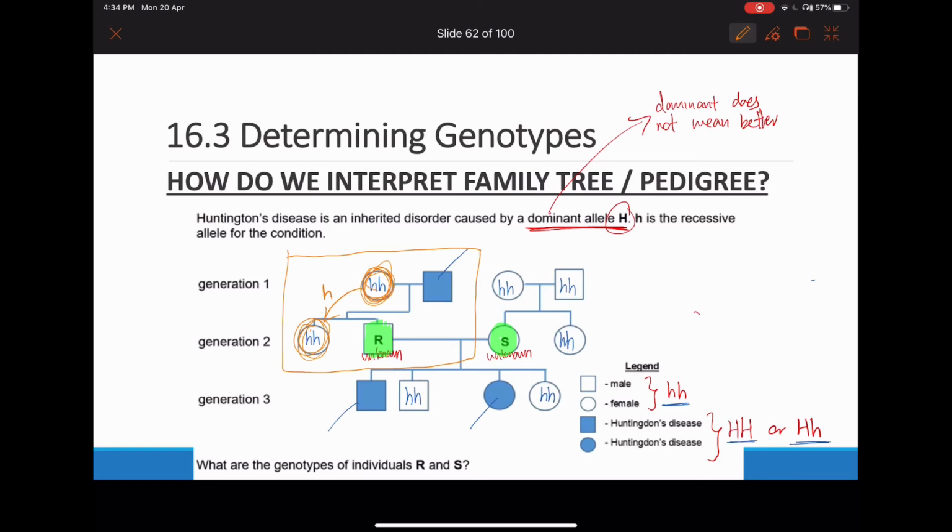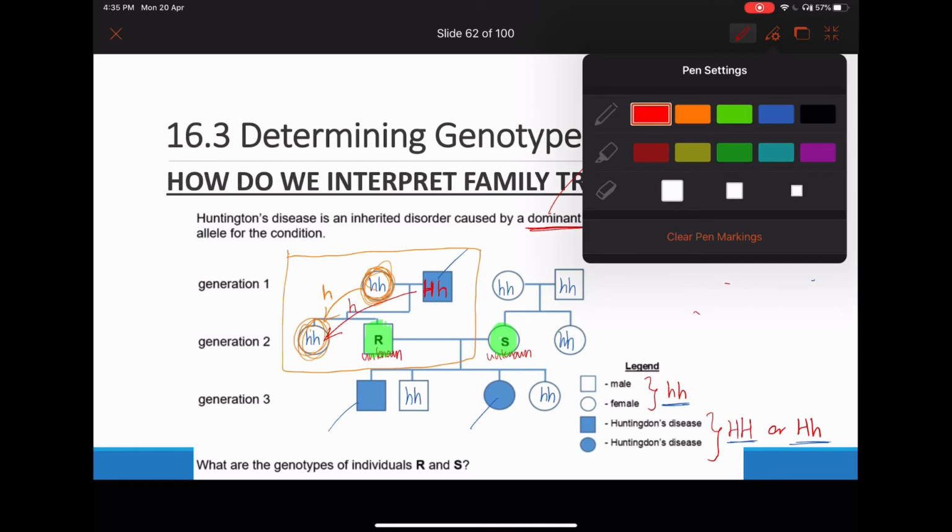But the daughter must also collect the other small h, and the other small h must come from the dad. That means this father actually has a small h within himself already in the genotype. Since everyone that has the disease must at least have one dominant allele, this dad must be heterozygous. This is how I infer.